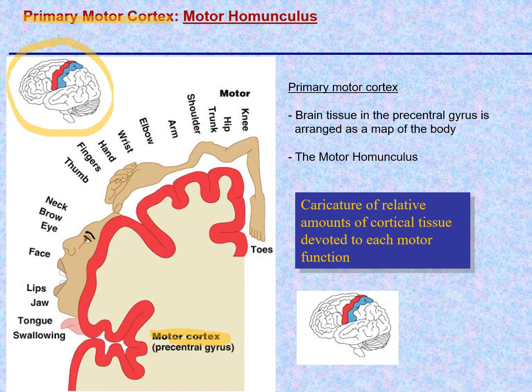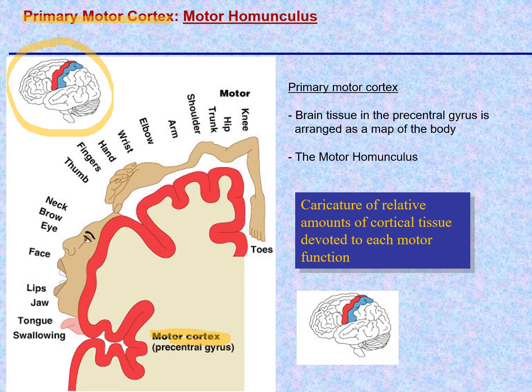And by doing experiments on conscious people, by stimulating, and these are done on people who are undergoing brain surgery, and a lot of this actually was done at the Montreal Neurological Institute by Wilder Penfield.